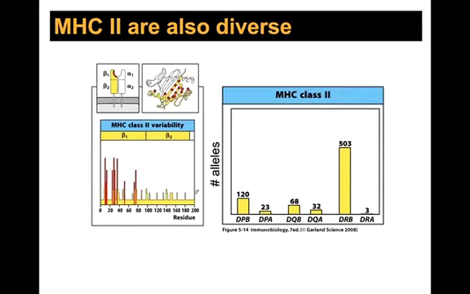Okay, so when we look at diversity in MHC class 2, we have lower levels of diversity overall. But when we look at where that diversity occurs, and this is just for the MHC2 beta chain, you see that all of the mutations typically occur in the antigen binding part or the epitope binding part of the MHC.